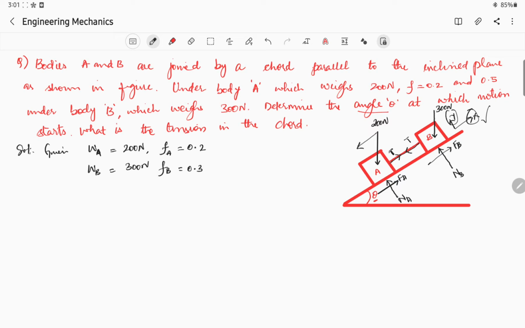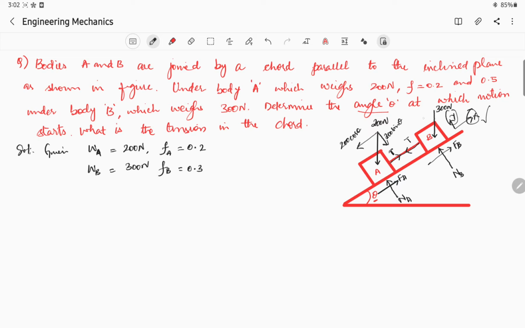This will be 200 cos theta, and this one 200 sin theta.